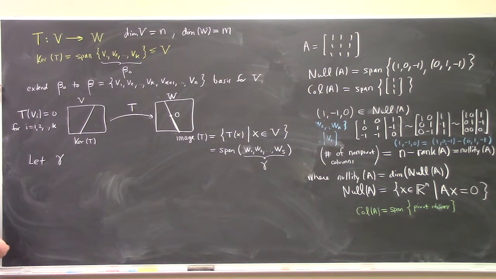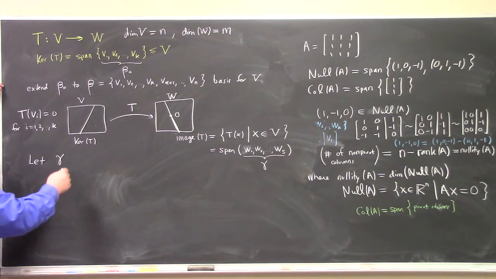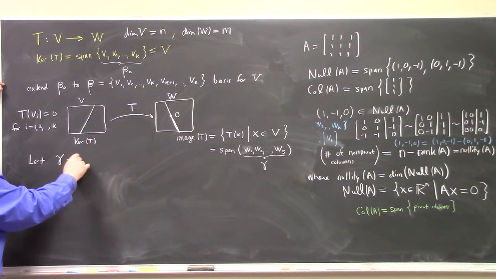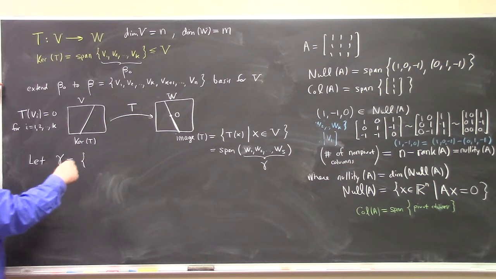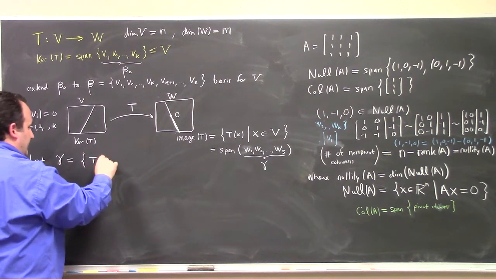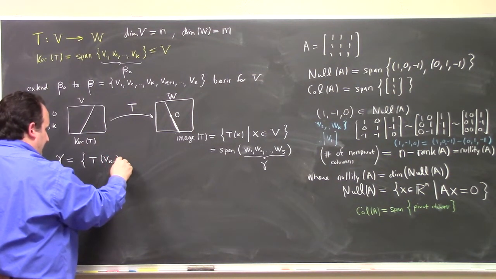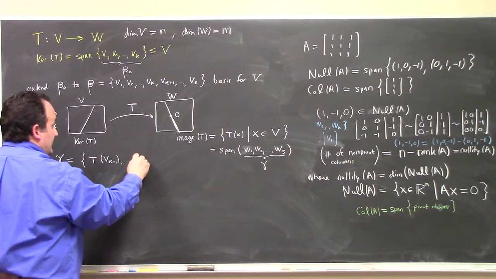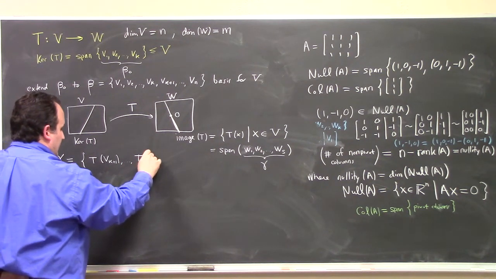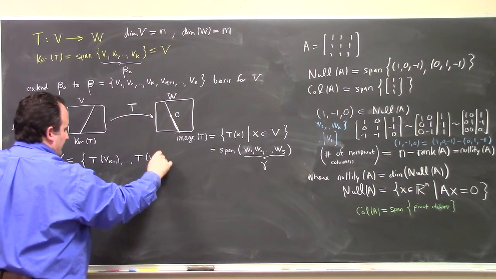So how would I build a basis for the image, or for all of W? Well, what about the things after it? What about the Vk plus 1 through Vn? Those are not in the kernel, right? So I would say let gamma be the image of those: T of Vk plus 1, and so forth all the way out to T of Vn.